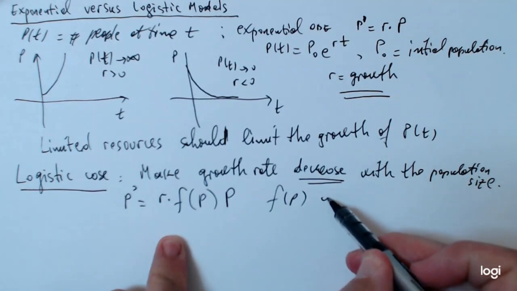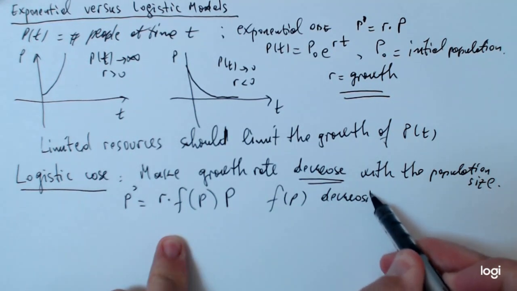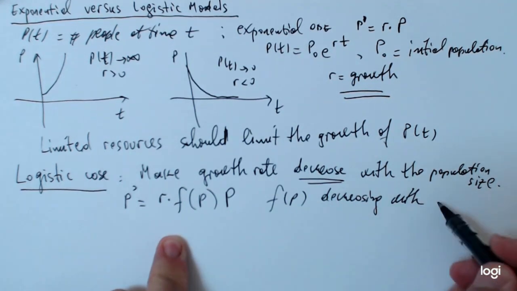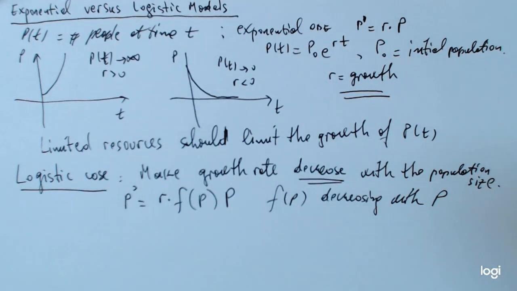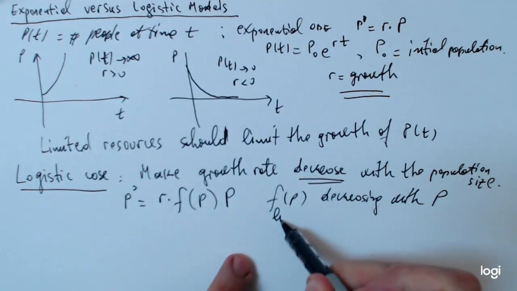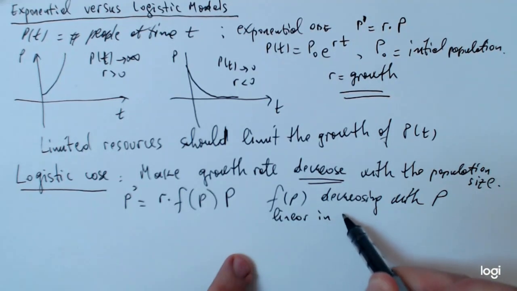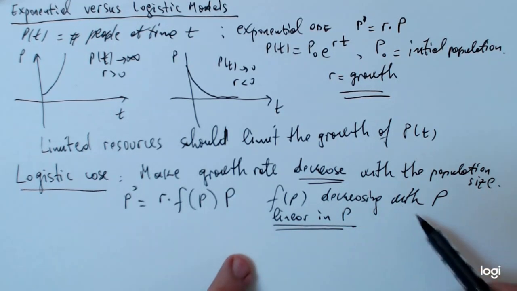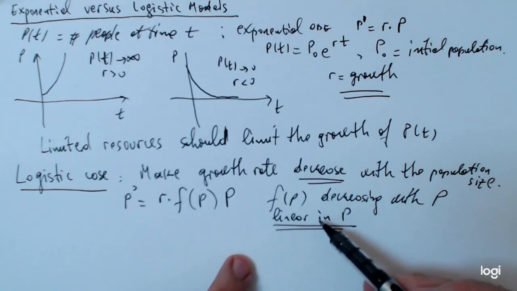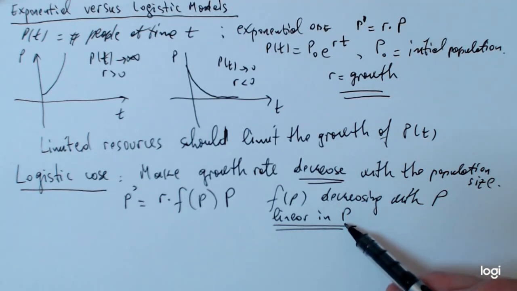So this f of P will be decreasing with the population P. The sky's the limit in terms of how many types of functions you can come up with. One of the easier ones is to make this function linear, so basically a decreasing linear function in P.